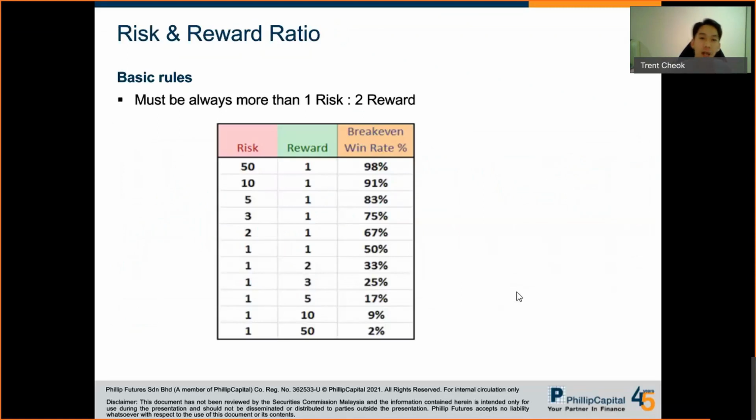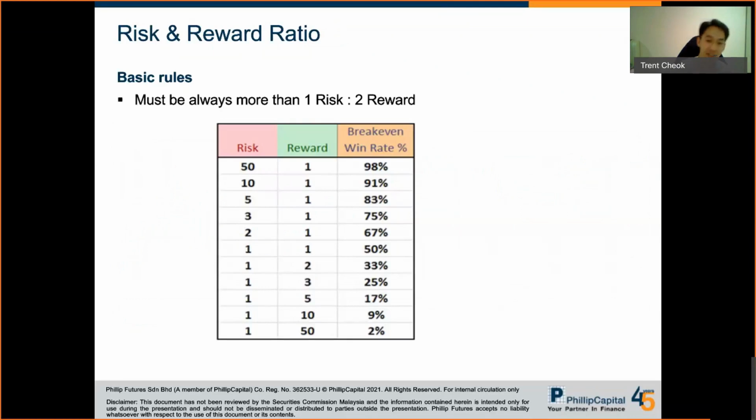Okay, another thing that investors need to know is that even though you have identified an entry point and also the stop loss and take profit levels, the question is whether this trade will give me a profit.